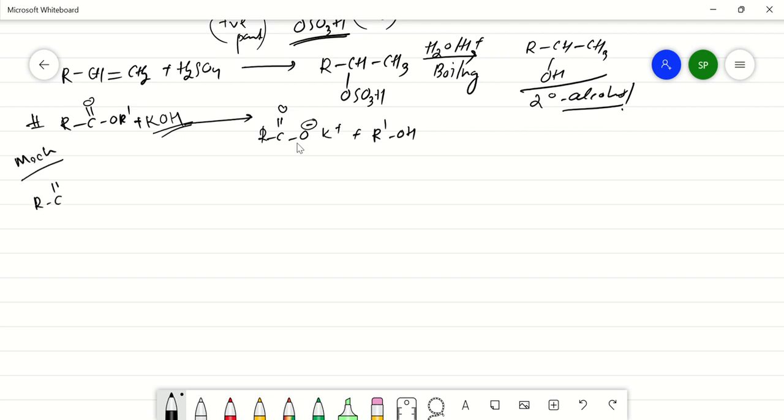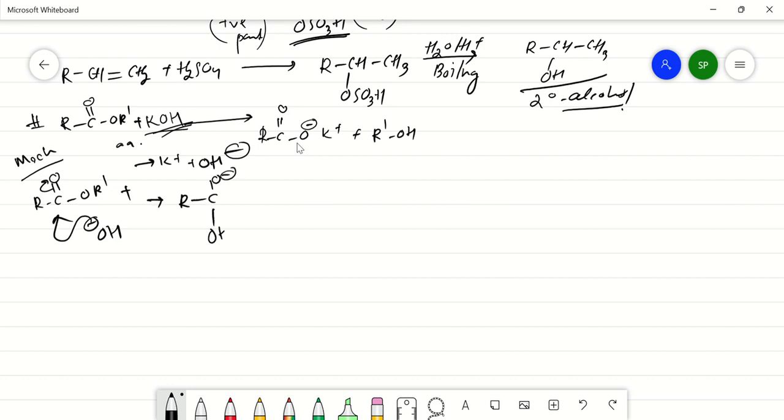That is the ester RCOOR'. As this is aqueous KOH, this will break to produce K plus ion and OH minus ion. This is a nucleophile. So this OH minus ion nucleophile will attack the electrophilic carbonyl center. So this will produce R, O minus, OH, OR'.